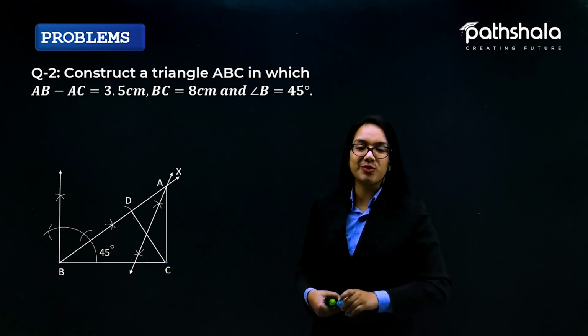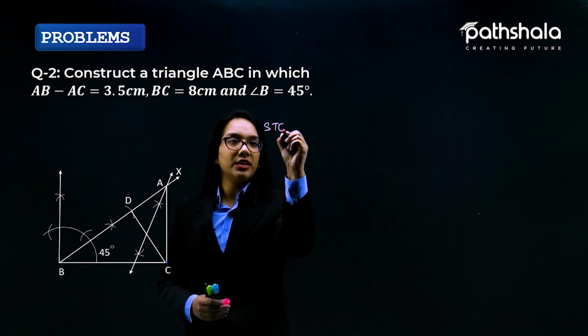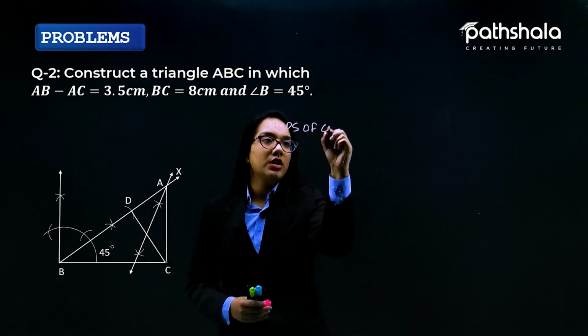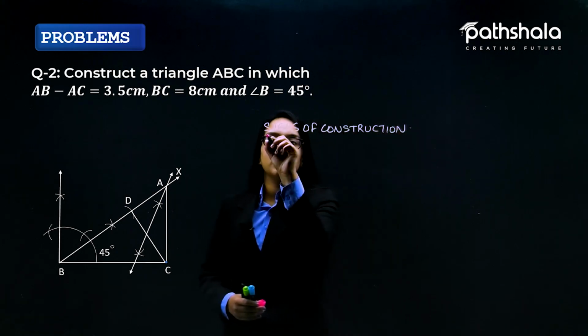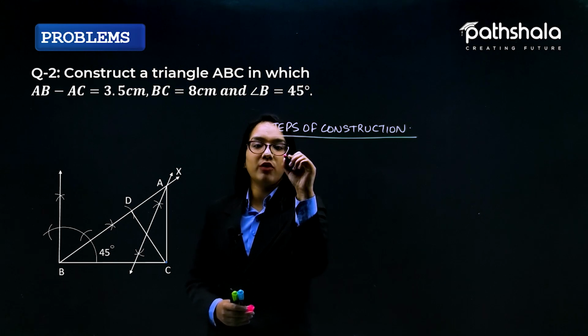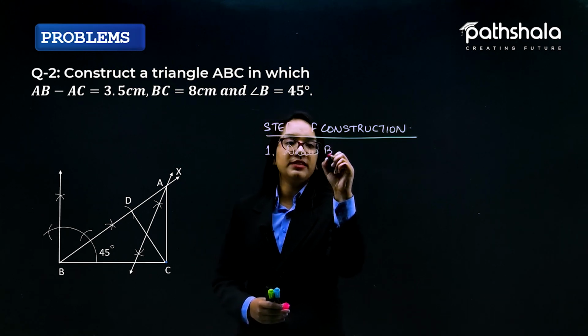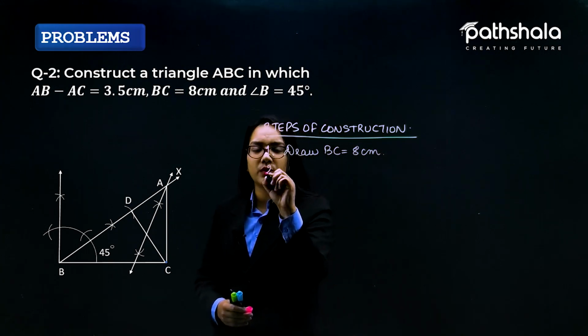Now let's see the steps of construction involved. So let's start with the very first one. First of all, draw BC equal to 8 centimeter, obviously using the scale or the ruler.